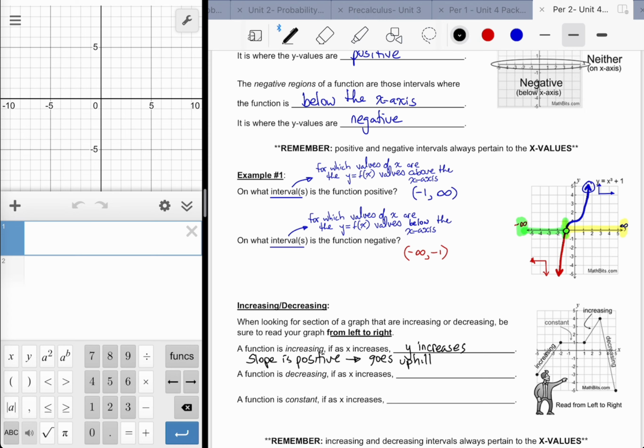If a function is decreasing, that means if x increases, then y decreases. Slope is negative. And that one's going to go downhill.